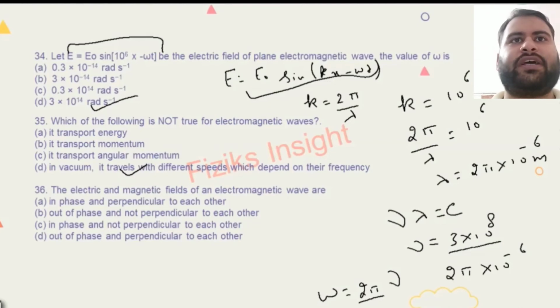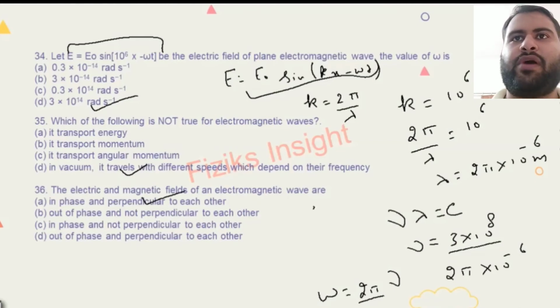So for 36th question, the electric and magnetic field of an electromagnetic wave are in phase and perpendicular to each other, out of phase, not perpendicular to each other, in phase, not perpendicular to each other, out of phase and perpendicular to each other. So it is in phase and perpendicular to each other. Why?